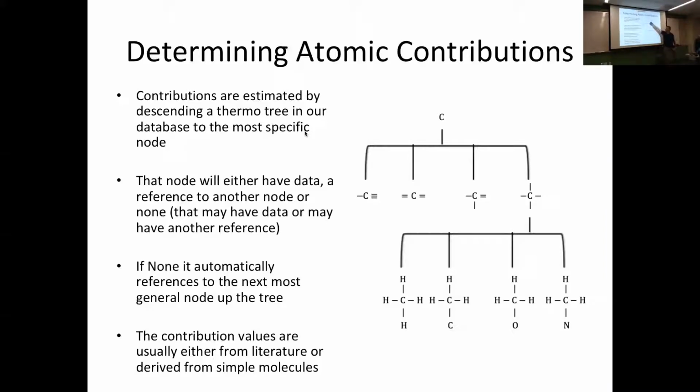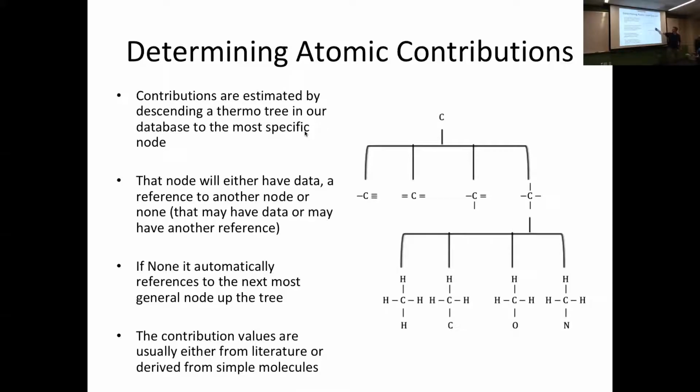And there may be a value for this, but it's not a very good estimate for any arbitrary carbon that you pick, because the variance of the energies associated with any arbitrary carbon atom will be quite wide. And so you'll go down the tree and you'll find, well, maybe your carbon is bonded to three things, single bonded to two things and double bonded to one thing. And so then you'll go to this one.